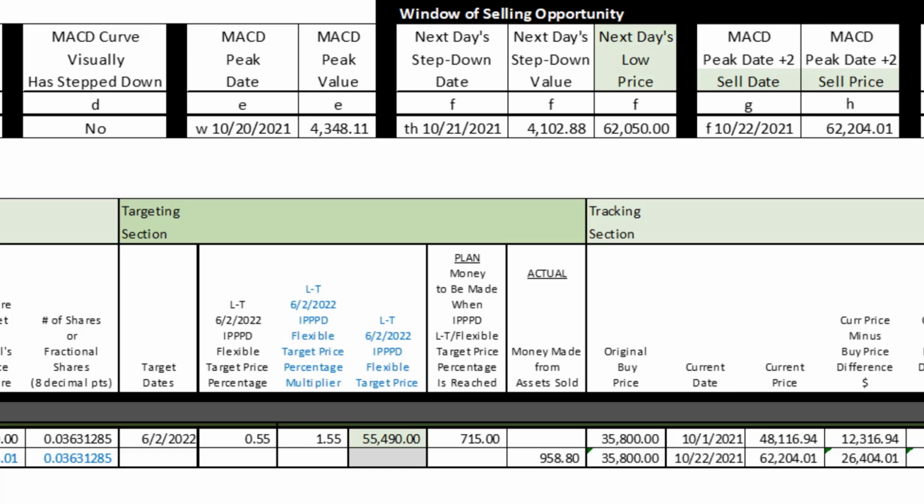The step down day's low price was $62,050, higher than the flexible target price of $55,490.